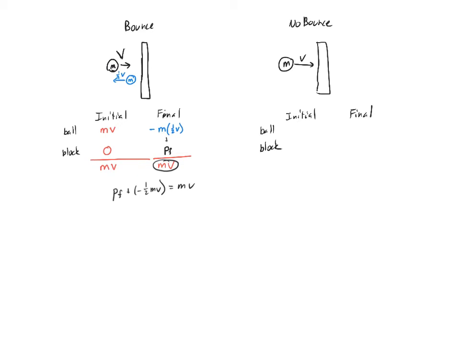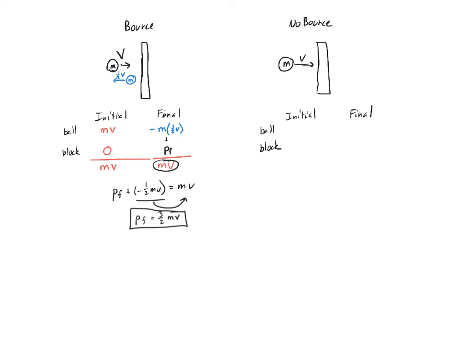And if I add the 1/2 mv to the other side, what I get is that the final momentum is equal to mv plus 1/2 mv, which would be 3/2 mv. That would be my final momentum if the ball bounces back with half the speed that it had before.